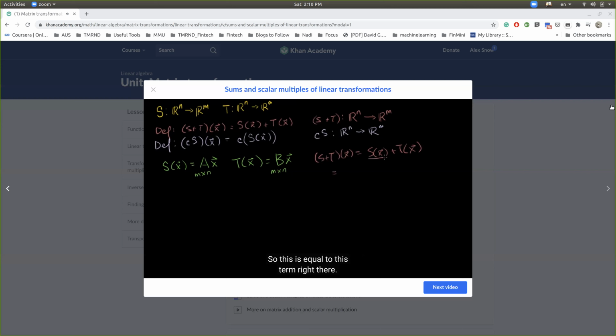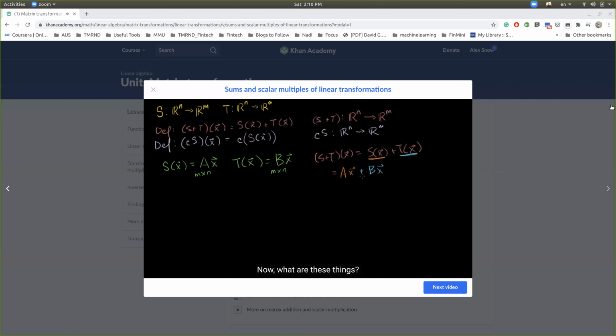The transformation S of x is equal to Ax, and then the transformation T of x is equal to the matrix B times x.